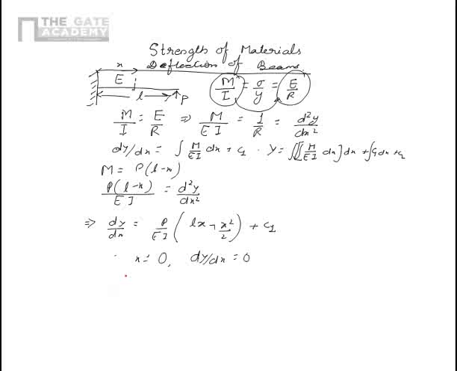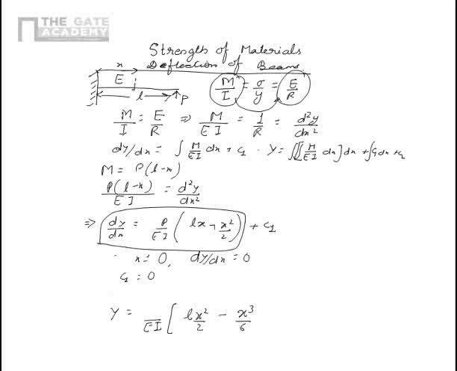So I feed in this value here, I get c1 is equal to 0. Now I take the formula of the slope alone, this much, and integrate it. So y is equal to P upon EI. This becomes L x square by 2 minus x cube by 6 plus c2.